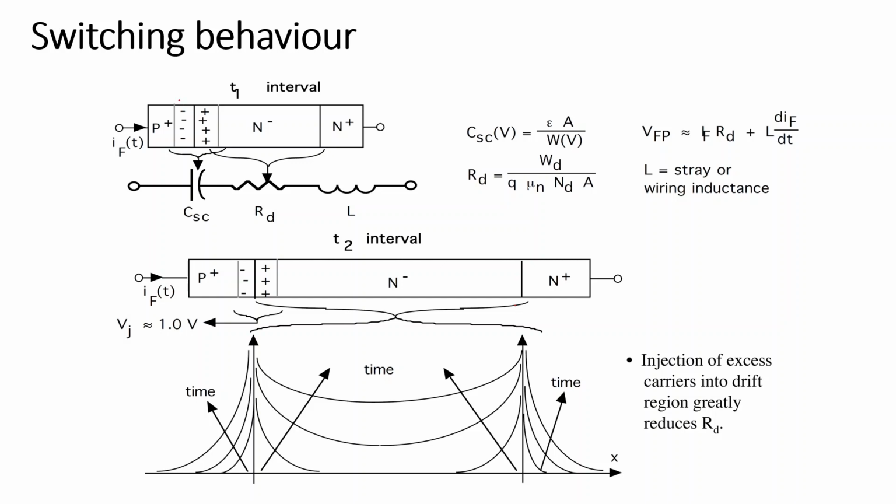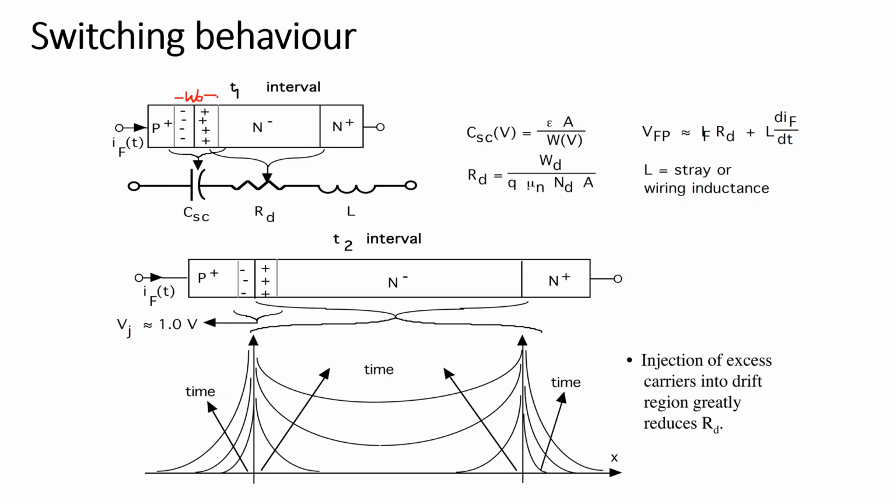Then the depletion region width will be the width in thermal equilibrium. So we have denoted this width with the symbol W naught.